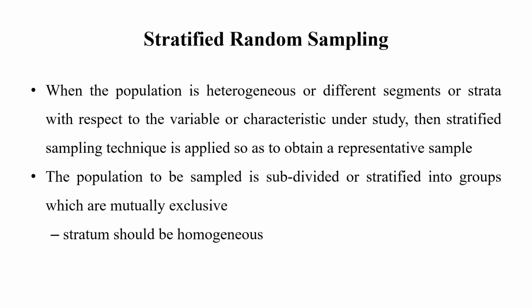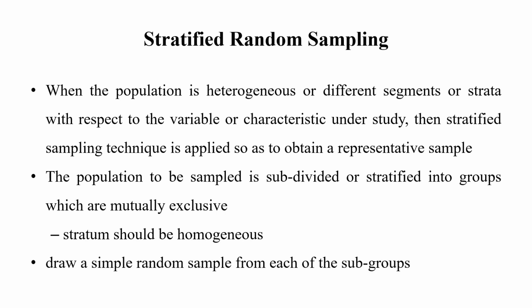And here, why is it known as stratified random? Because first the population should be subdivided or stratified into different groups which should be mutually exclusive. That means each stratum should be homogeneous, and then draw a simple random sample from each group.